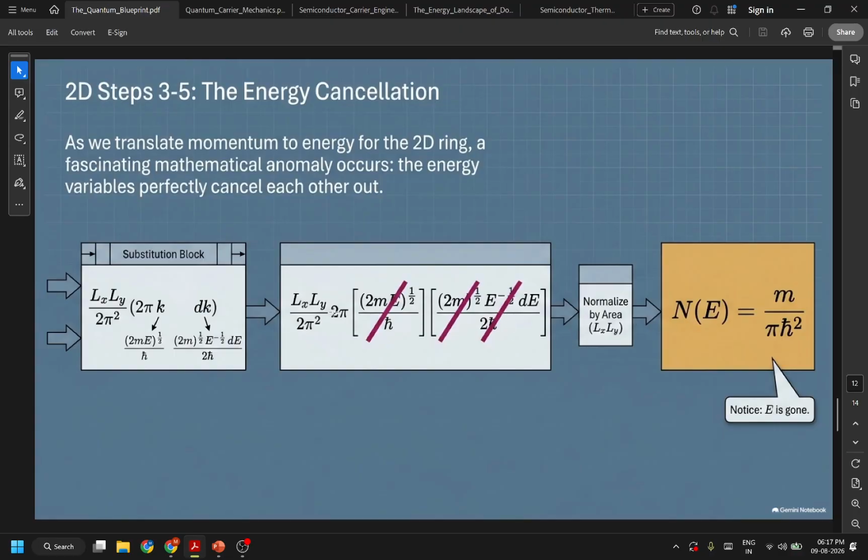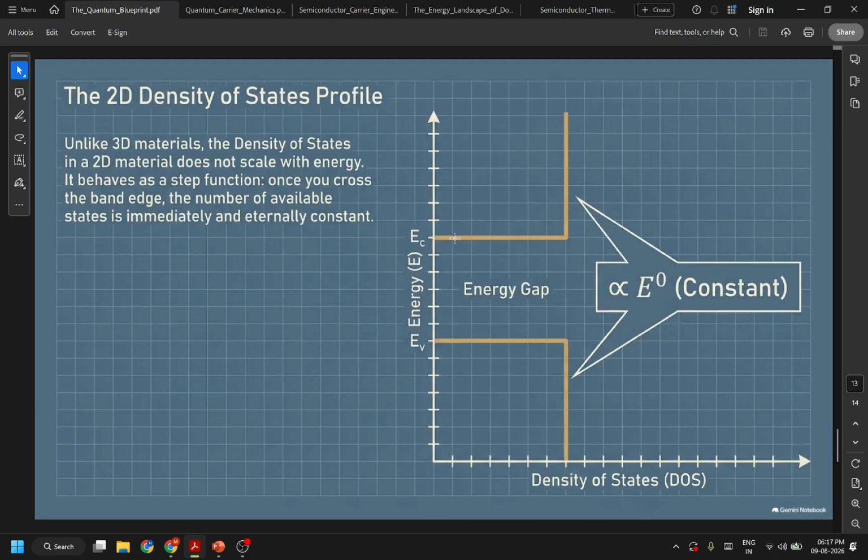When we normalize by area and by dE, we get m over π ħ². So the density of states is a constant. Unlike 3D materials, the density of states in a 2D material does not scale with energy. It behaves as a step function. Once you cross the band edge, the number of available states is immediately and eternally constant.